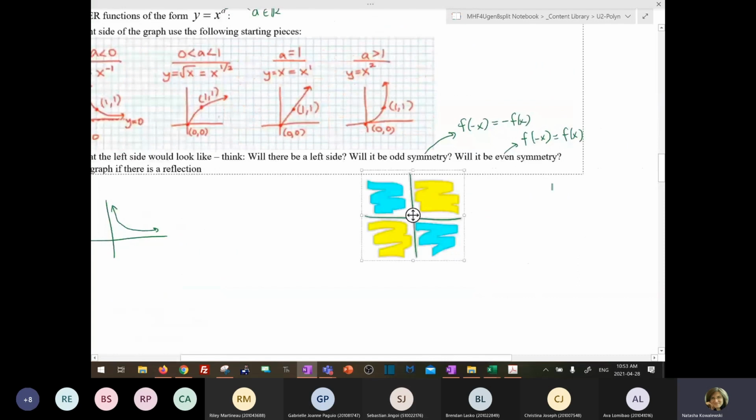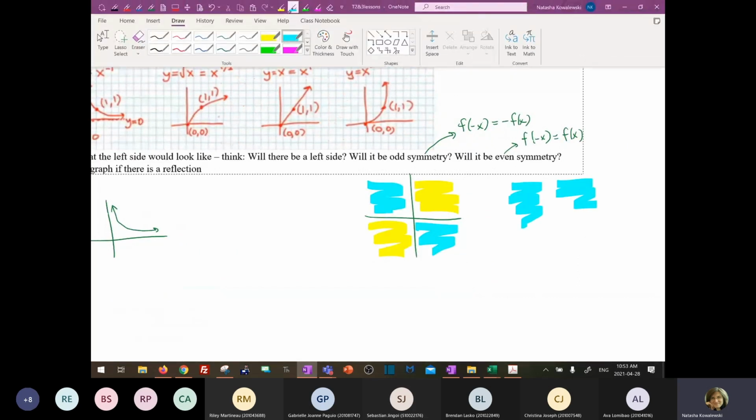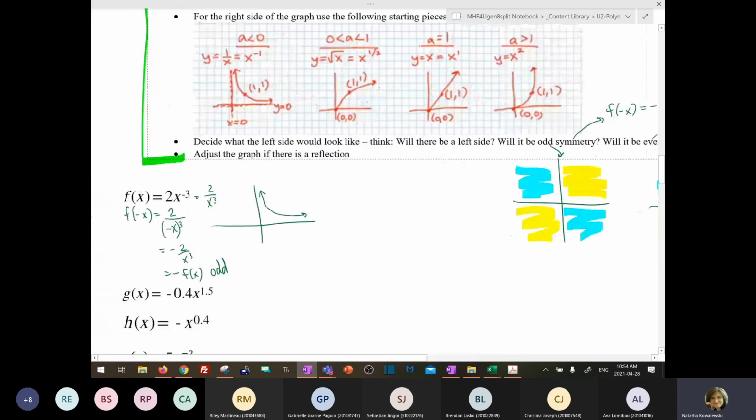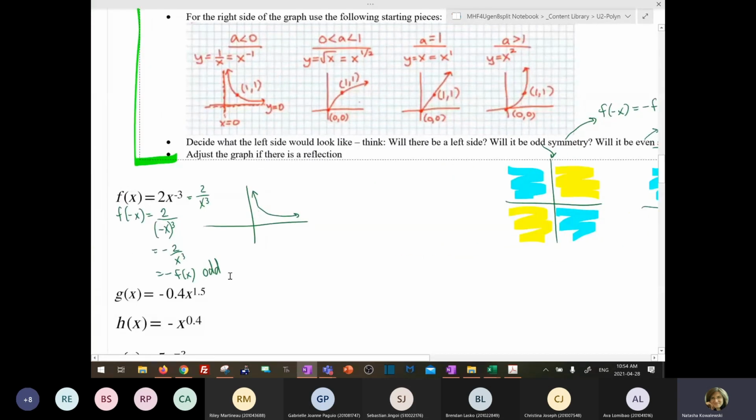And with even, these two quadrants were the same compared to these two, like that. Let me put the axes back in here because they're missing. So the odd looks like this, even looks like that. Because we just identified with Christina that it is odd, we're going to take this graph over here and put it on this side over here.